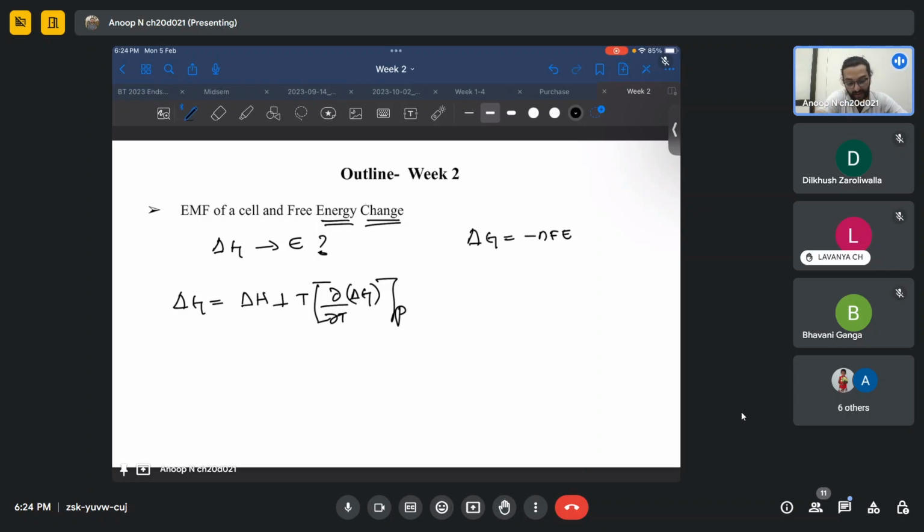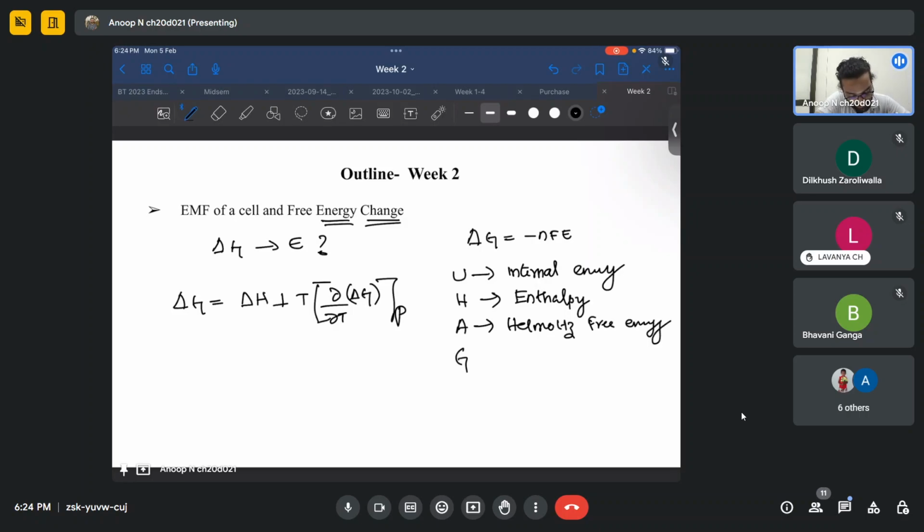How many of you know the fundamental relations? We have a quantity called U, which is internal energy. The second one is H, which is enthalpy. Then we have A, which is Helmholtz free energy.